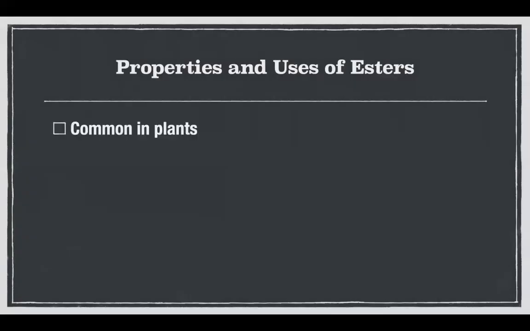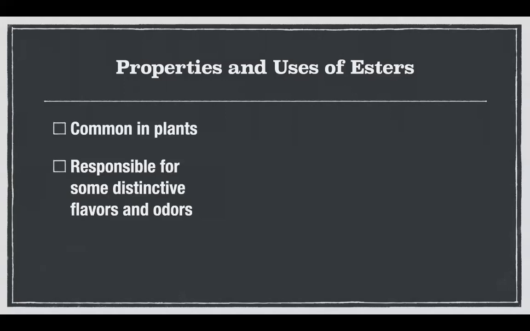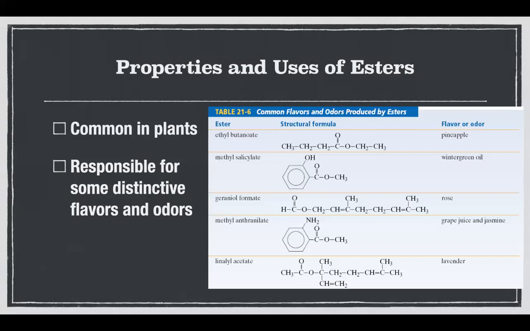Properties and uses of esters. These are common in plants. They are also responsible for some distinctive flavors and odors. So here we've got ethyl butanoate, which is the pineapple flavor. Methyl salicylate is wintergreen oil.